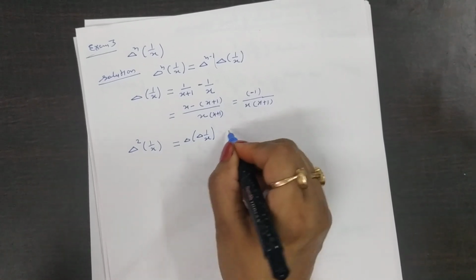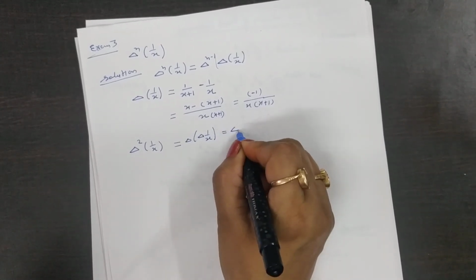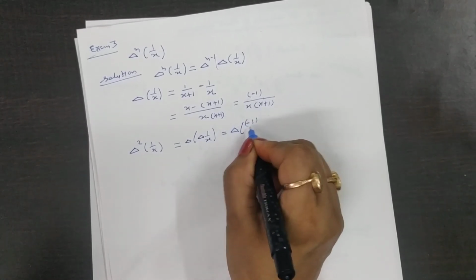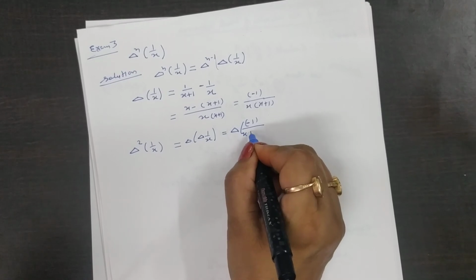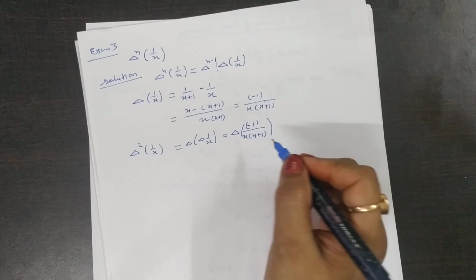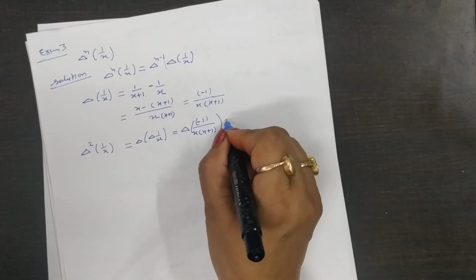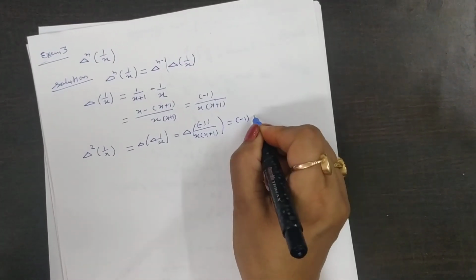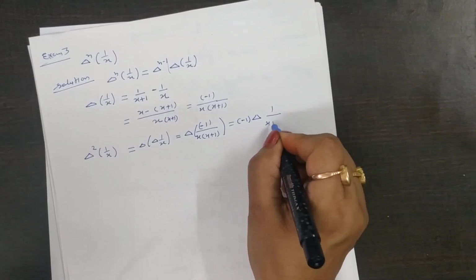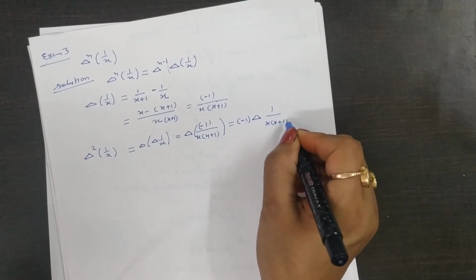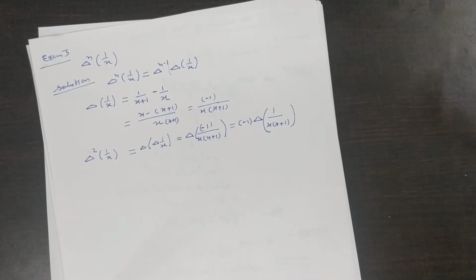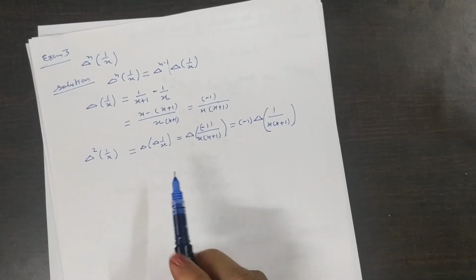This can be written as delta of minus 1 by x into x plus 1. Operating this, it can again be written as minus 1 times delta of 1 by x into x plus 1. Clear?